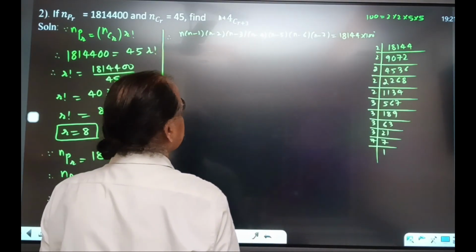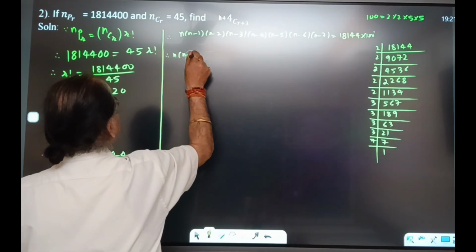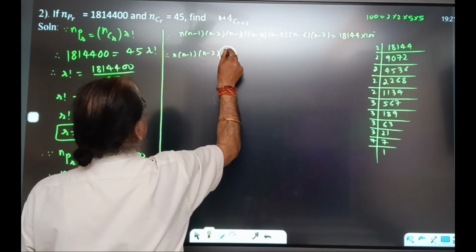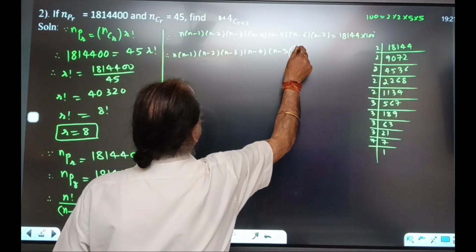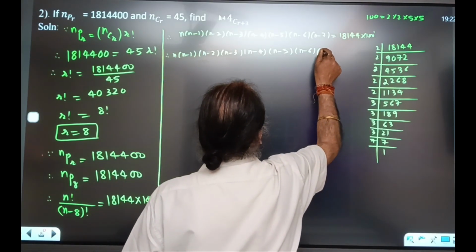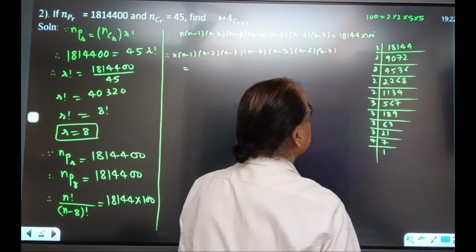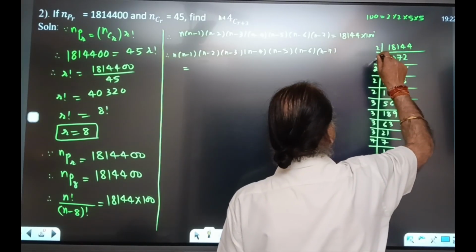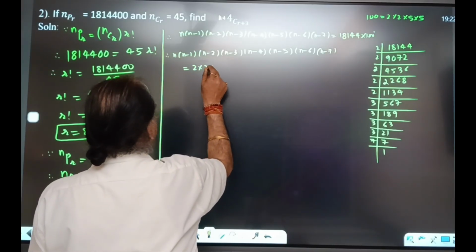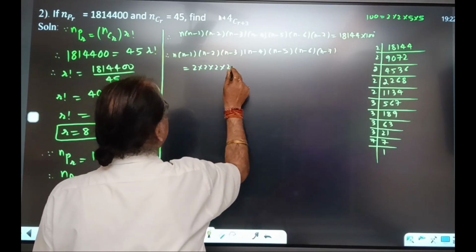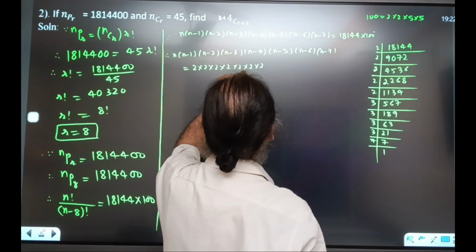So in the next step we can write this as n minus 1, n minus 2, n minus 3, n minus 4, n minus 5, n minus 6, n minus 7, which can be written as: now this contains 7 twos, 2 into 2 into 2 into 2 and so on, 7 of them.